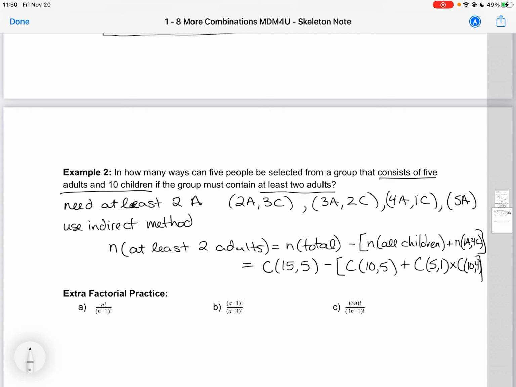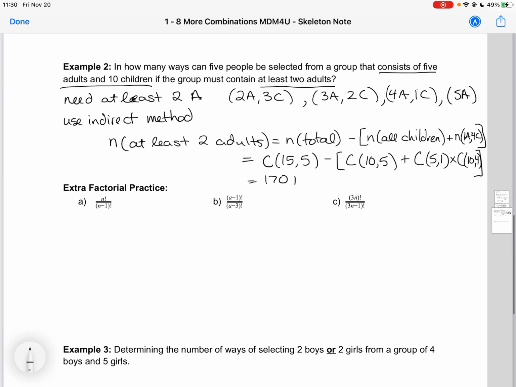So 10, choose 4 to give us our group of 5 people. Evaluating those is going to give us 1,701.